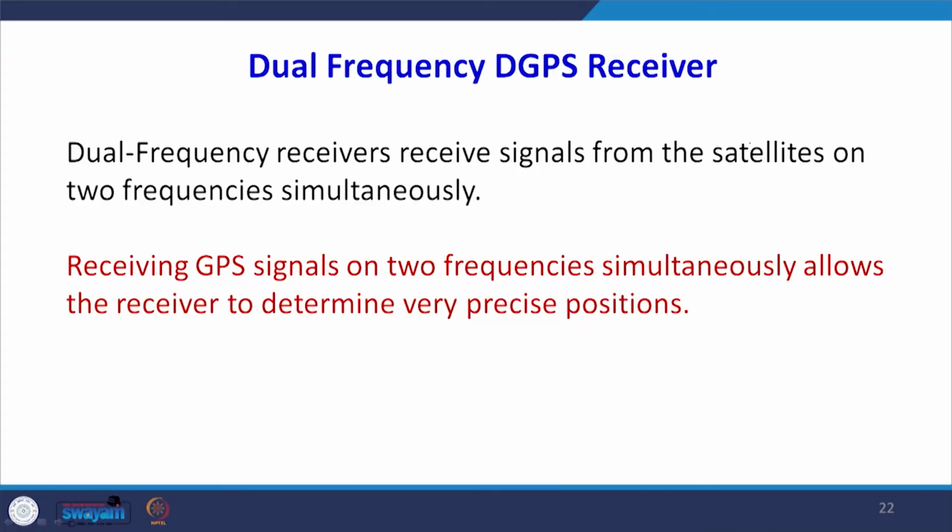If we are using dual frequency GPS receivers, they will receive the signals from the satellites in two frequencies, L1 and L2, and that allows us to determine a very precise position. So, we have to ensure that we are using the dual frequency GPS receiver in differential GPS.